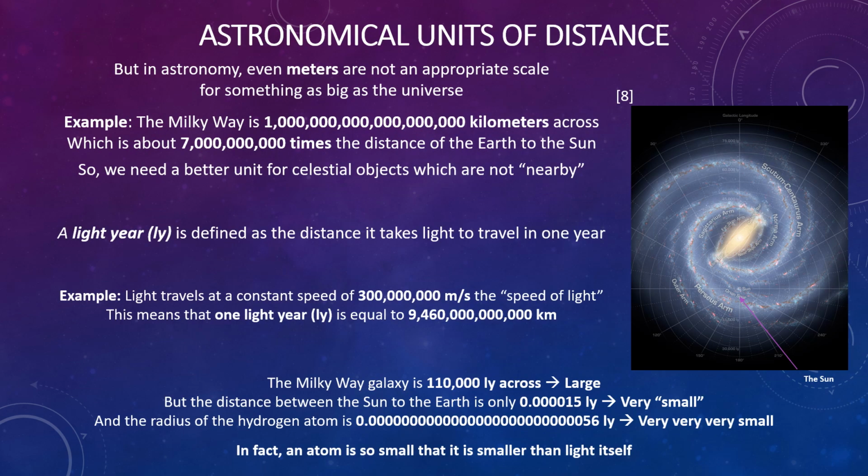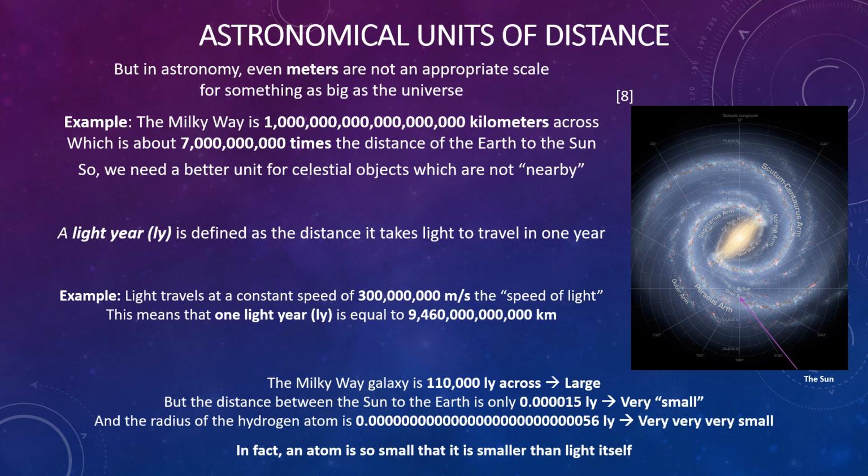But back to the extremely large scale, and this is where meters begin to fail, and even the astronomical unit is not enough to describe the scales that we're dealing with. So, for example, the Milky Way is 1 sextillion kilometers across, which is almost 7 billion times the distance between the Earth and the Sun.